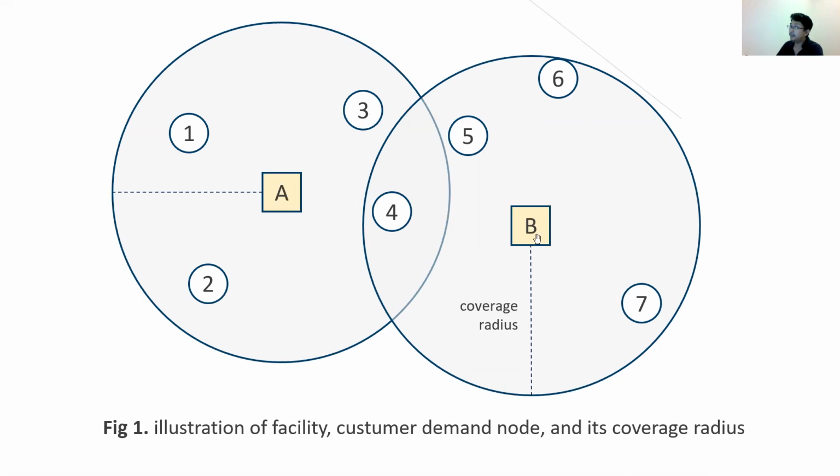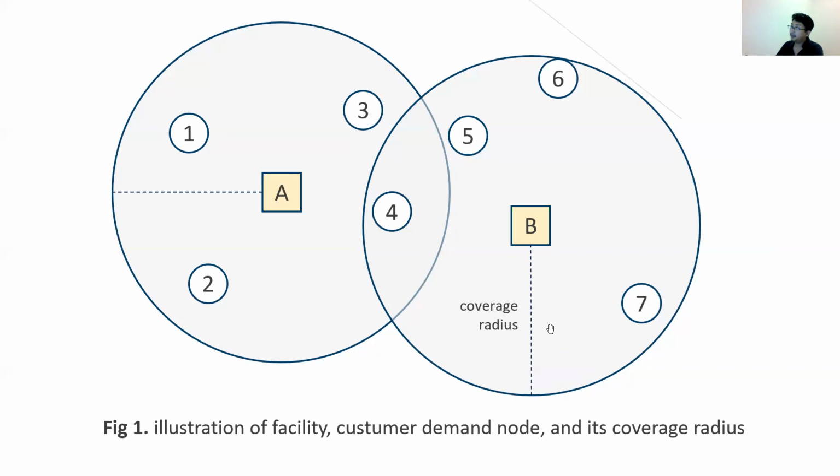For example, from B to customer number 7 will be represented by a straight line from B to 7. But for other cases in perhaps more realistic or practical applications, it may not be represented by a straight line.